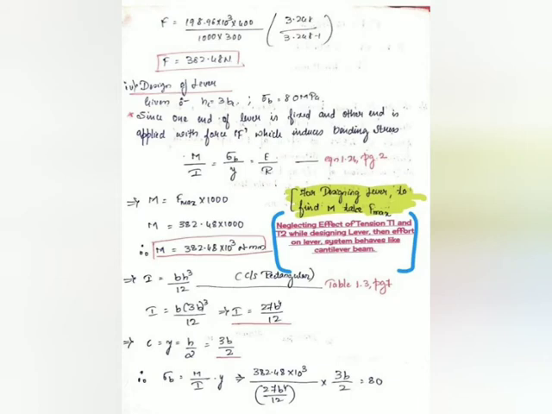Now when you go for designing a lever, we will not consider the effect of tensions T1 and T2. Then the effort F on the lever makes the system behave like a cantilever beam. The lever is fixed at the fulcrum and F is applied at the other end. So in that case, what is the bending moment?